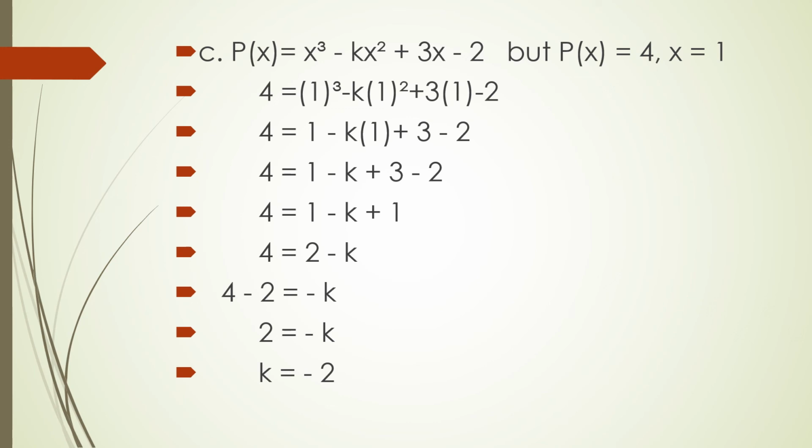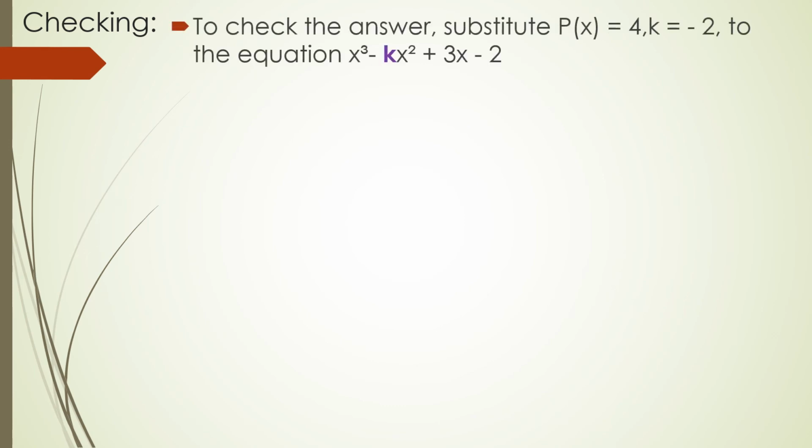Now, if you want to check the answer, magiging ganito yan. To check the answer, we substitute p of x is equal to 4. So, take note, it's the value of the polynomial. And then, k is equal to negative 2. And the equation is x cubed minus kx squared plus 3x minus 2. So, substitute p of x by 4.